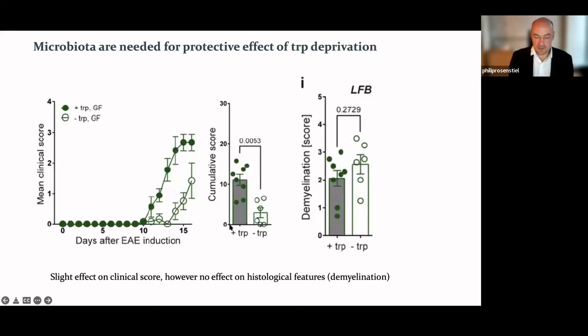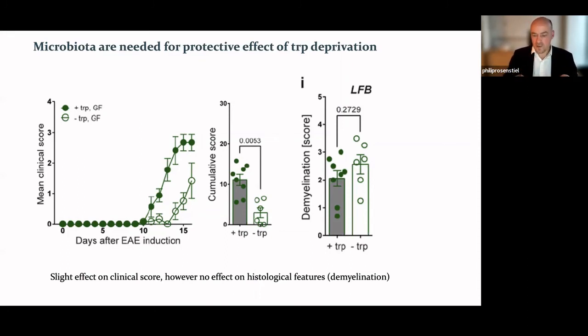But if you take the histology score, demyelination in the CNS, then demyelination in the absence of microbes is more or less the same, regardless of whether tryptophan is present or not. Meaning that microbes are involved in producing something or eating away something, or involving the microbes to produce a protective factor that suppresses the inflammatory activity.